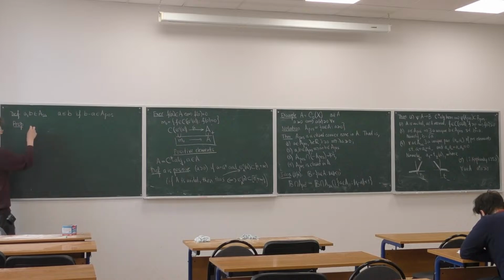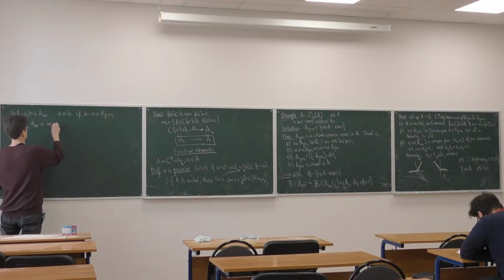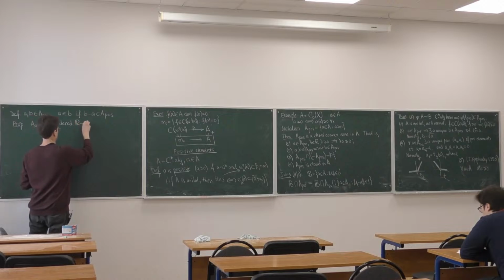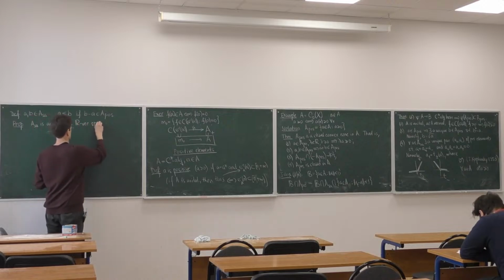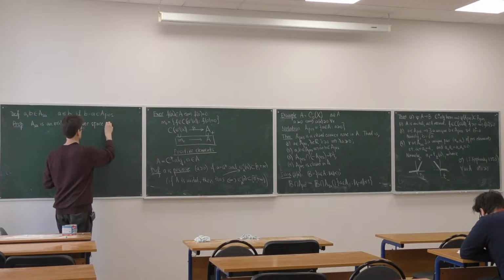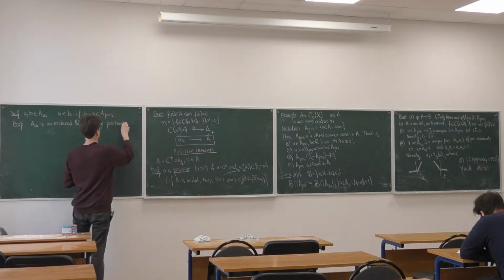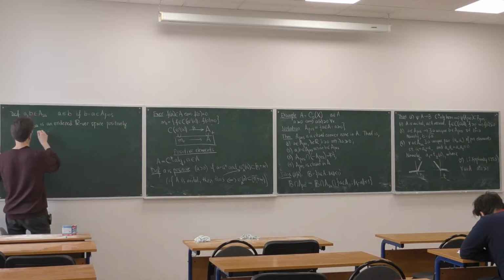First of all, I claim that this relation makes the set of self-adjoint elements into an ordered real vector space. Moreover, this space is positively generated by the positive cone.